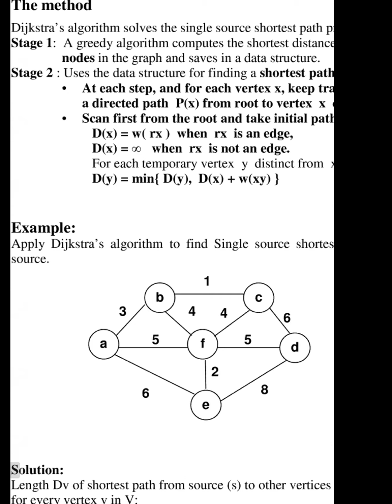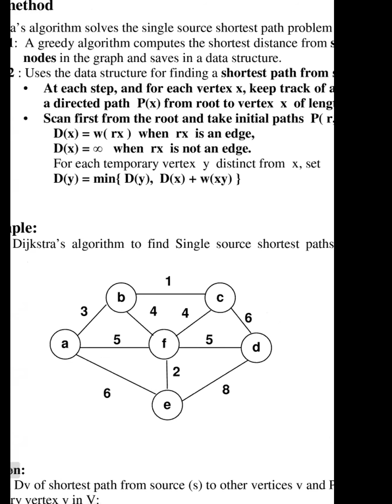Initially dx is equal to the weight of the edge Rx, if there exists an edge; otherwise dx is equal to infinity if there is no edge. Then we take another vertex which is temporary, that is y. So dy, the distance from the source to vertex y, is the minimum of dy and dx plus wxy. This is the formula for finding the distance from the source to the vertex y.